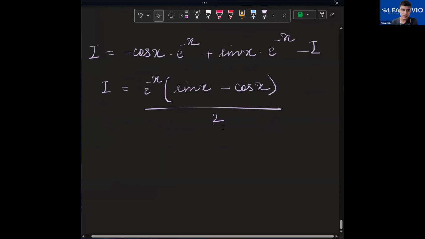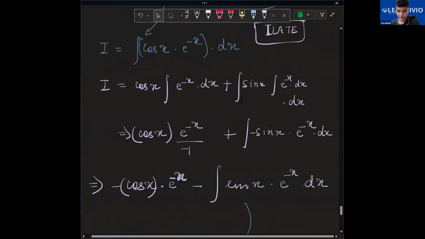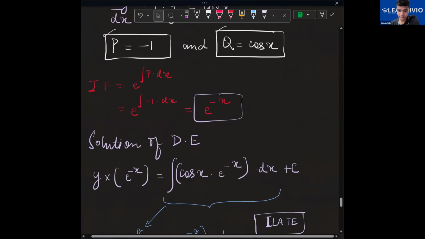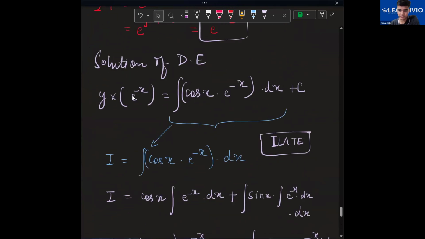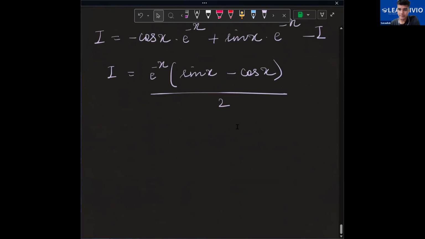Right? Is it clear? Now you can substitute this value of I back in your equation जहाँ पे हमने consider किया था y into e power minus x, right? Note this equation as 1. ठीक है? Now we have calculated this integration part, whose answer is this.